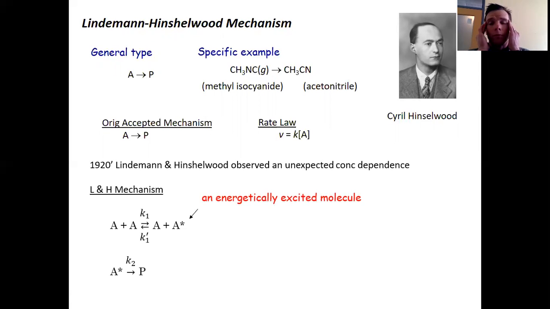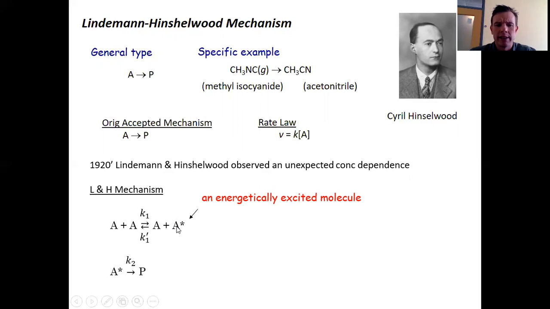What happened was that in the 20s, Lindemann and Hinshelwood observed some unexpected concentration dependence. They went to some new set of conditions and things looked a little wonky. What they ultimately did was propose this reaction mechanism. Rather than a simple first order thing, what you had was two A molecules which could react to form an energetically excited A molecule. That's what the star represents.